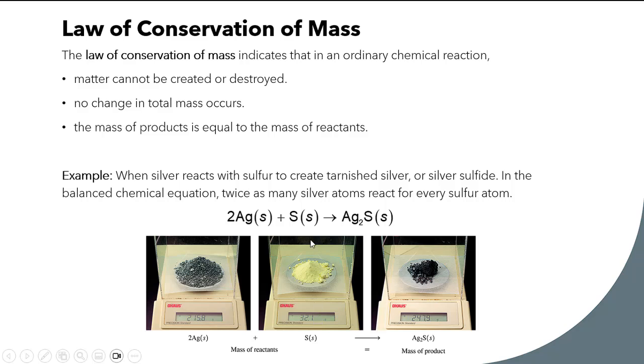If we only need 1 mole of sulfur, then I would weigh 32.1 grams. If I mix 215.8 grams of silver and 32.1 grams of sulfur, I should get 1 mole of silver sulfide, which, if you remember how to do your molar mass calculation, should weigh 247.9 grams per mole.